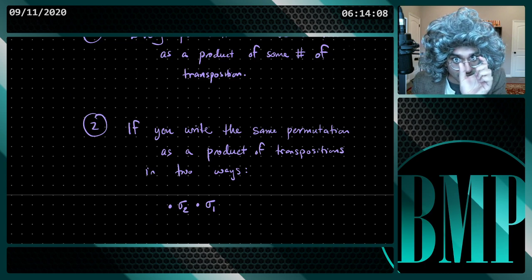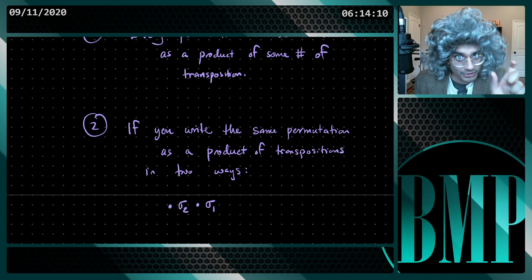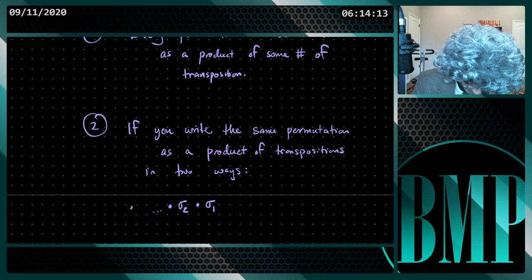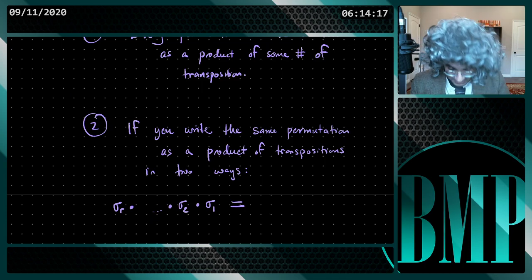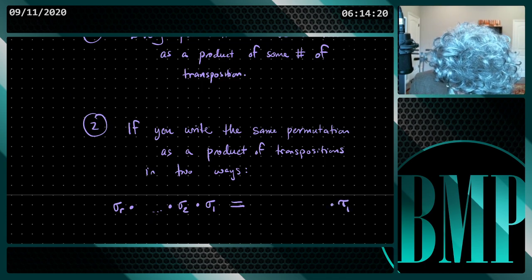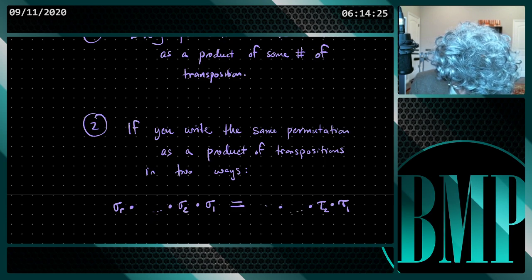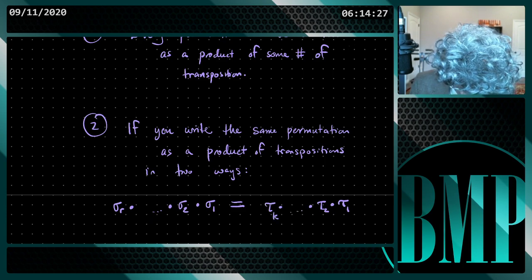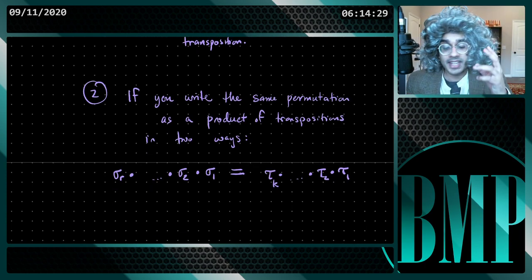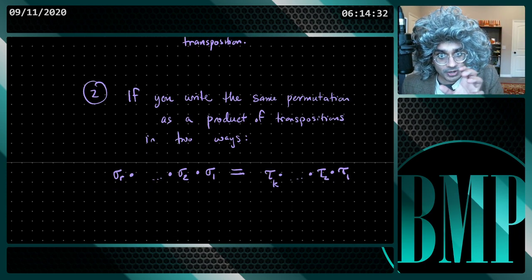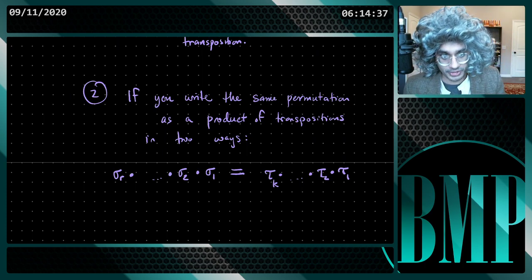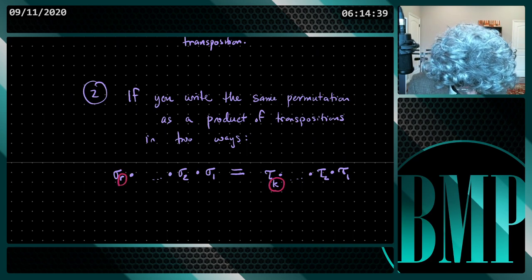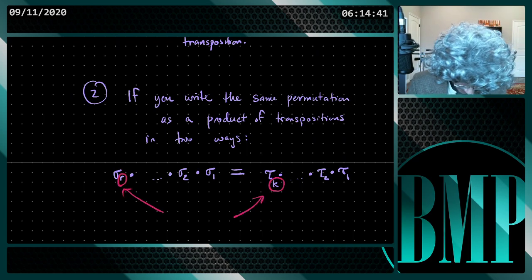No, I'm saying you have a 2-cycle times another 2-cycle times. If you can write the same element in two ways, then it's not the case that the number of factors is the same. That's not a true dream. This K and this R don't have to be the same.